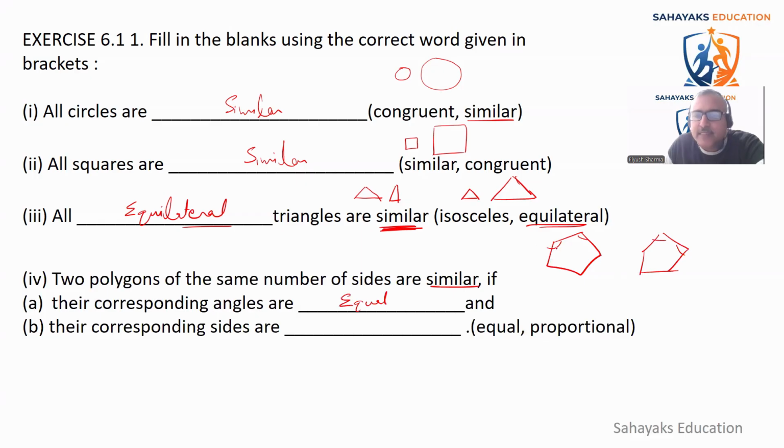That means the first angle is equal to the first angle, the second angle is equal to the second angle, so 1, 1, 2, 2. So the corresponding angles are equal, and the corresponding sides are proportional. Corresponding sides are proportional.